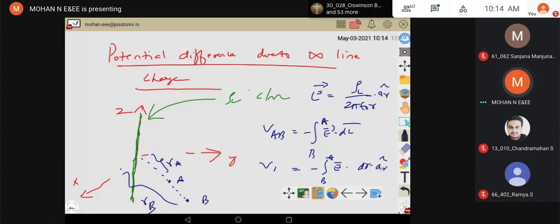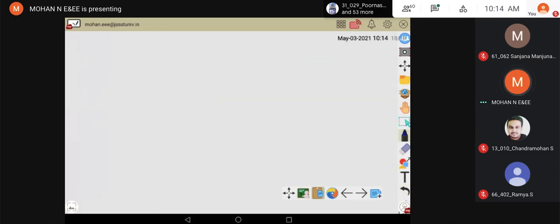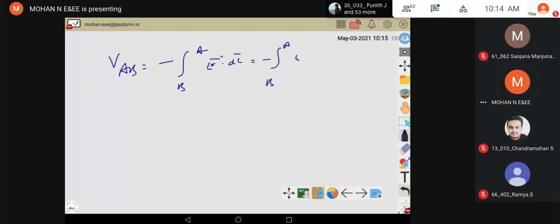So I will just take this one onto the next slide. So VAB is equal to minus integral from B to A of E vector dot DL vector. Therefore, minus integral from B to A of E vector dot dr AR unit vector.